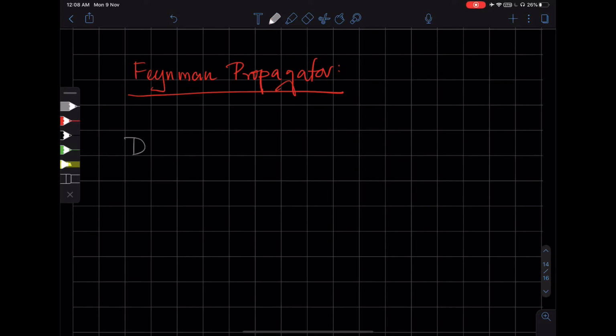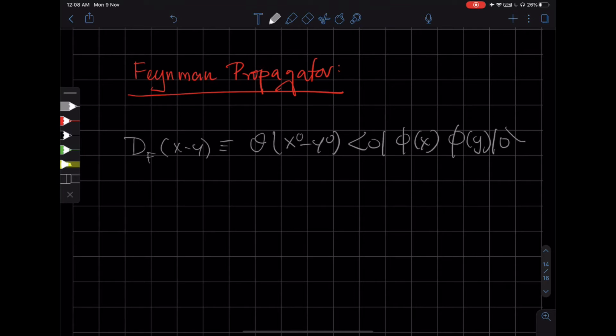The Feynman propagator D_F(x minus y) is defined to be the theta function θ(x⁰ minus y⁰), the vacuum expectation value of φ(x) and φ(y), plus the theta function θ(y⁰ minus x⁰), and the vacuum expectation value of φ(y), φ(x).